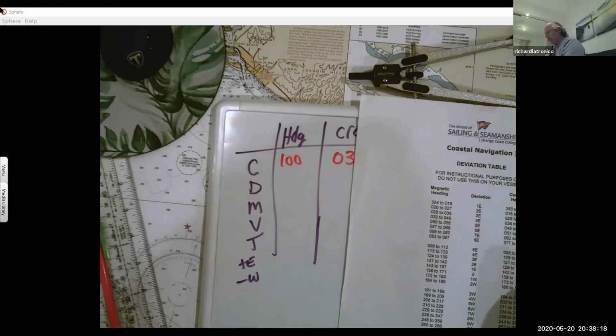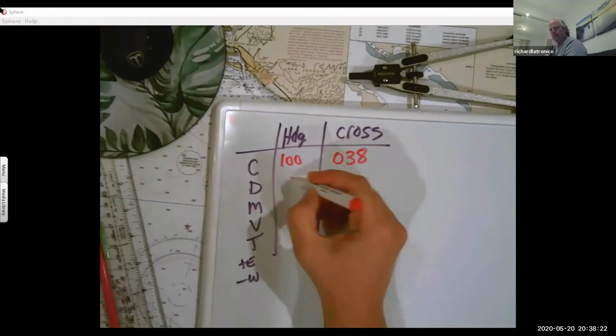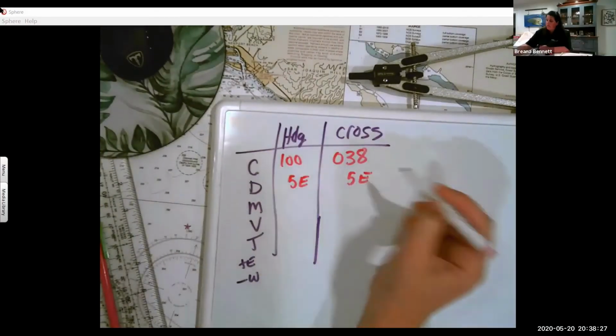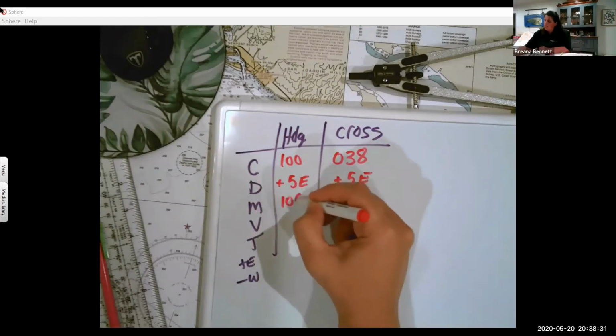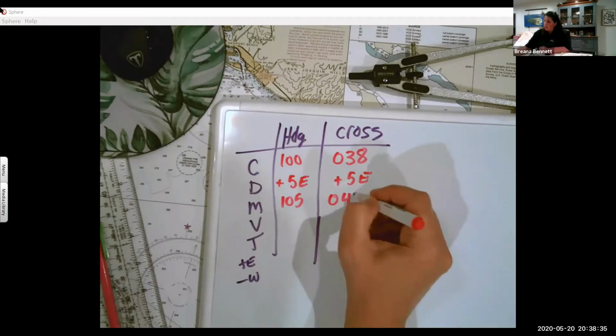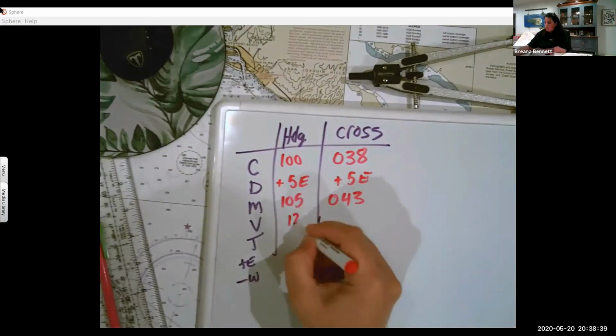Five east. It's east, so we're going to add. We have 105 and 43. And then our variation is 12 east.